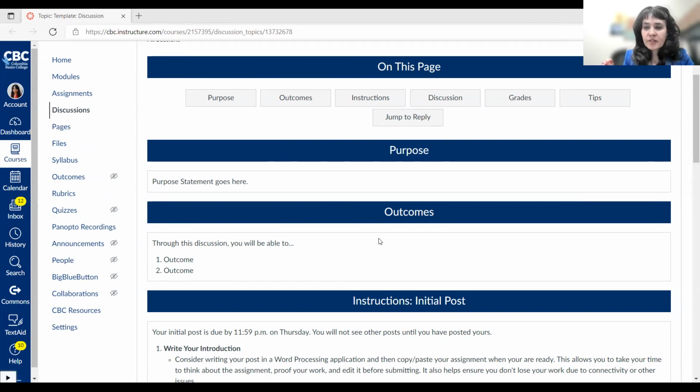So maybe a couple of sentences stating that purpose, so it becomes crystal clear why you're asking students to engage in this discussion, and what the alignment is with one or two of your course outcomes. That makes it very crystal clear to your students why it's important to participate in this discussion board activity and follow the instructions.